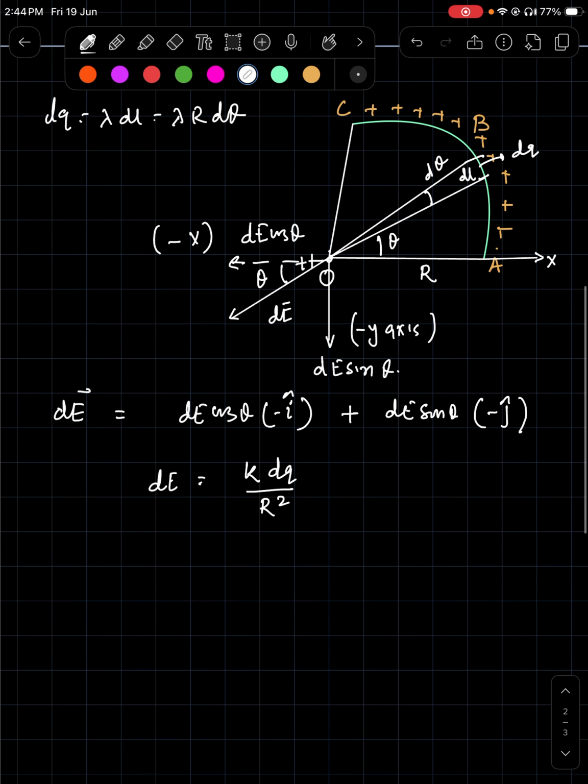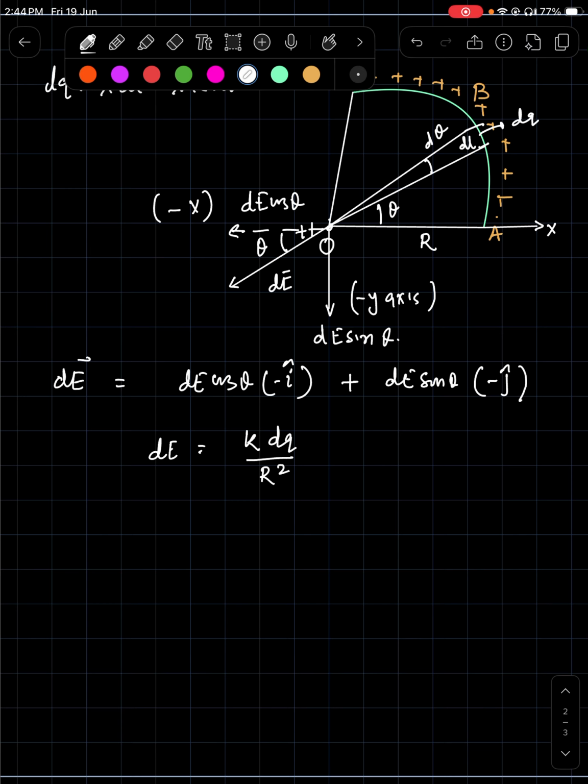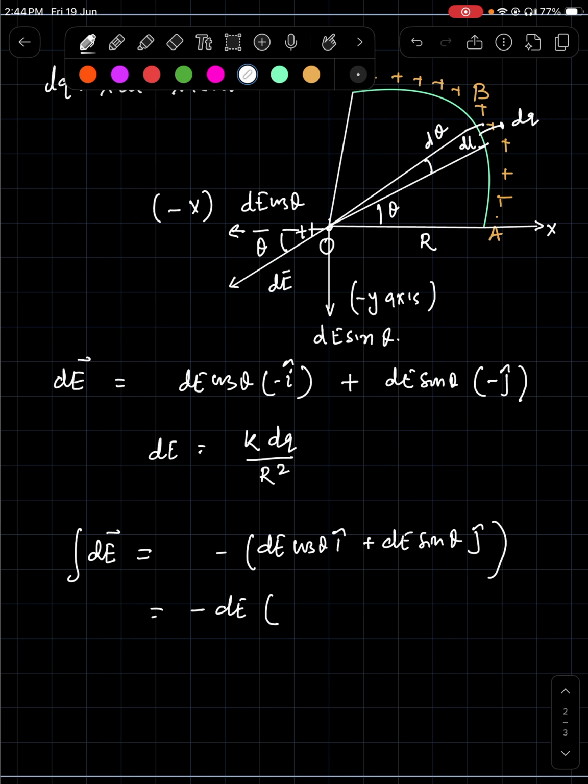Now our task is to integrate to get the electric field. The total electric field is the integration of minus dE cos theta i cap minus dE sin theta j cap. I take the common factor outside, so that is cos theta i cap plus sin theta j cap.